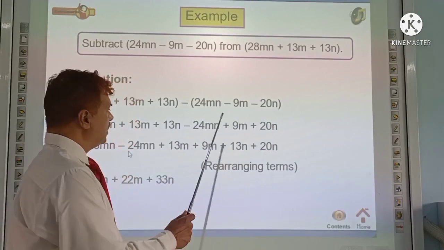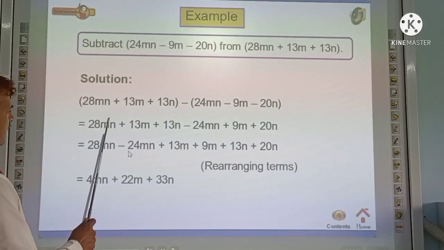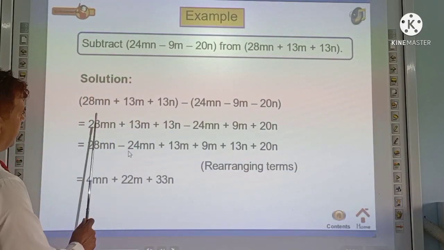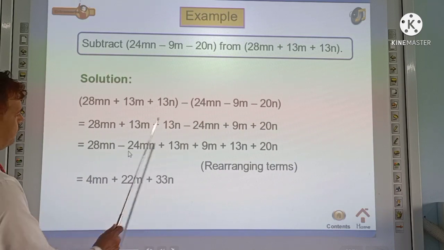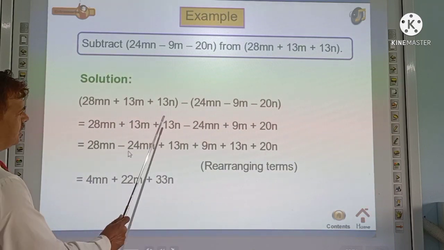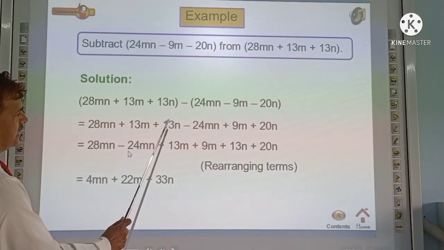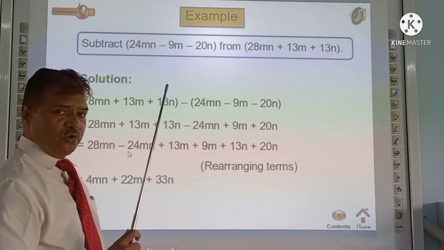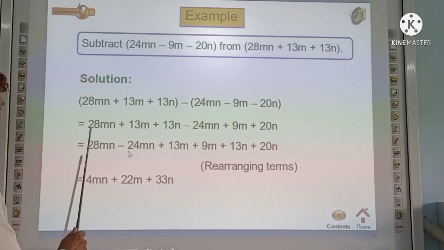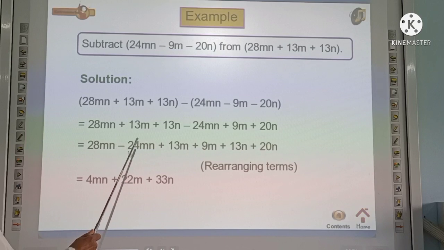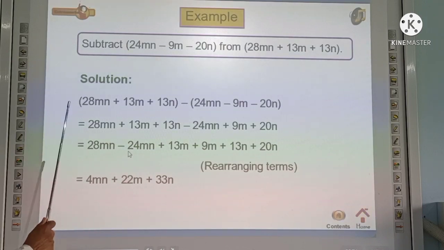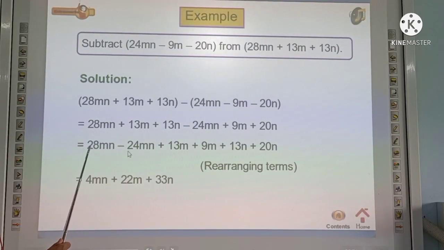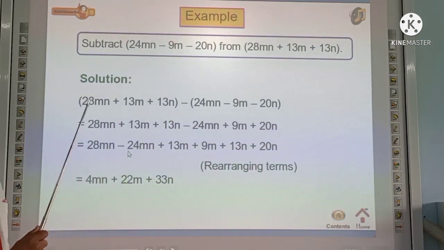Okay. Now collect mn with mn. 28mn, 24mn, 13m, 9m, 13n, 20n. Okay. Now solve. 28mn, 24mn, the numerical part 28 and 24. Coefficient 28 minus 24 is 4.